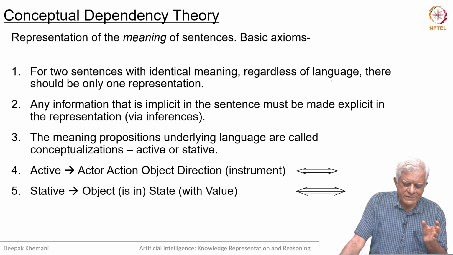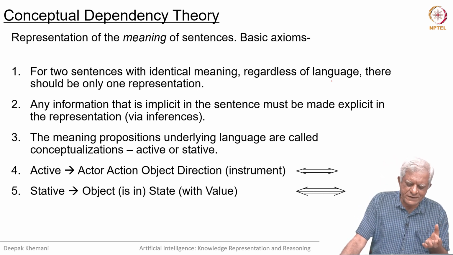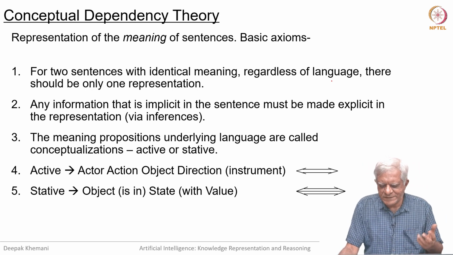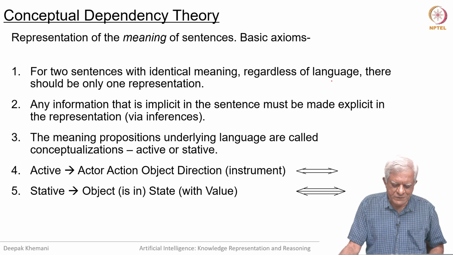And stative is, for example, an object is in a particular state. You might say the man is tall or the man is hungry or John is angry. All these things are stative, they talk about a state, and they would be represented by this triple bidirectional arrow.